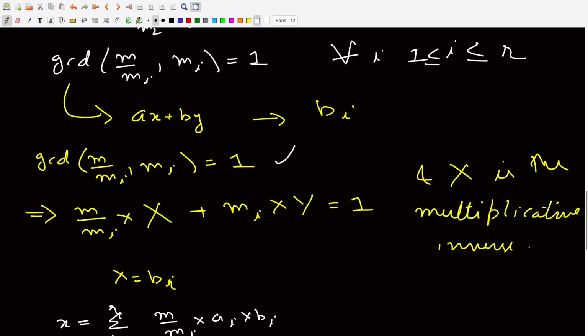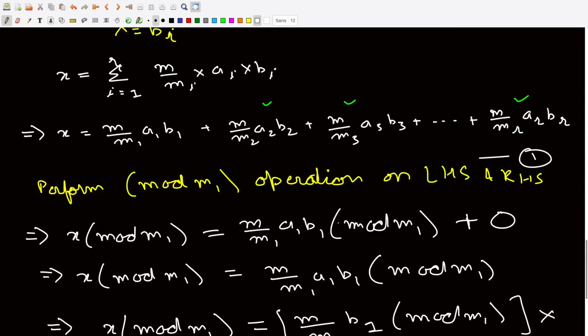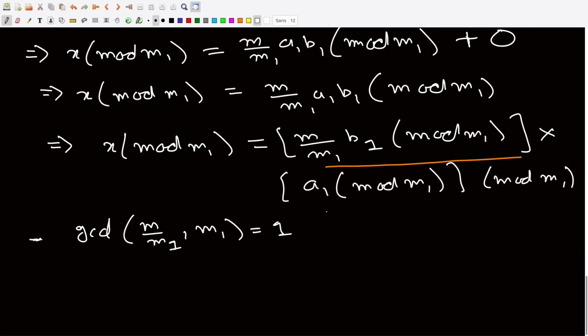Since this is 1, it can be expressed in this form: m upon m1 into b1 plus m1 times x equals 1.